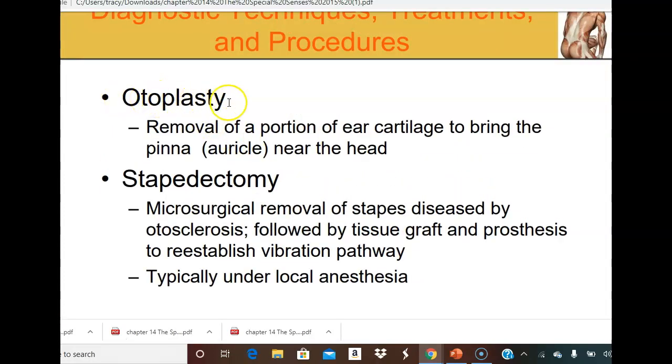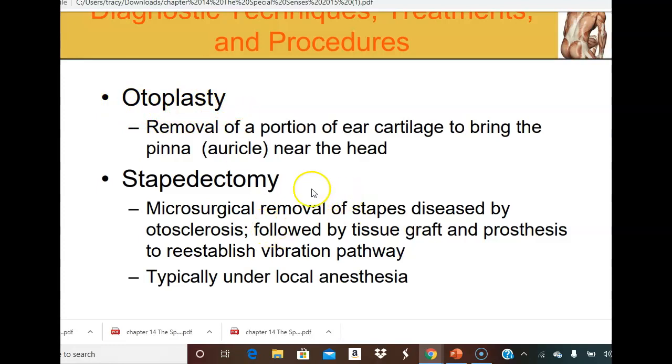So otoplasty, okay, oto means ear, plasty means surgical repair of. This is someone who has an ear job, so to speak, where their ears maybe flare out a little bit and it's not as aesthetically pleasing as they'd like. So they will pull the cartilage of the ear back so that the ears are closer to the head. That's the counterpart to a rhinoplasty, which is having the nose fixed.